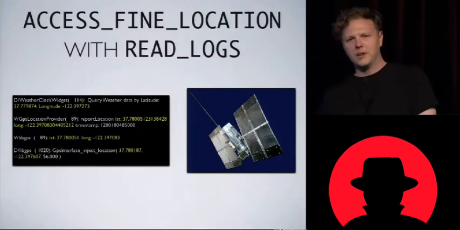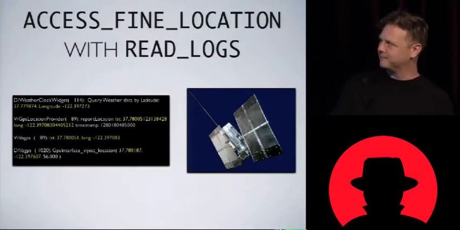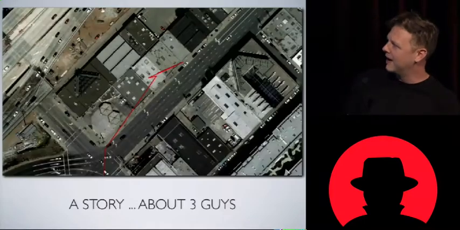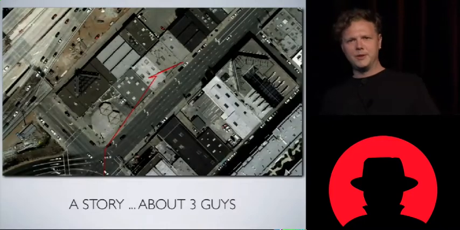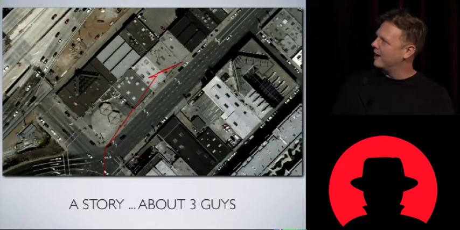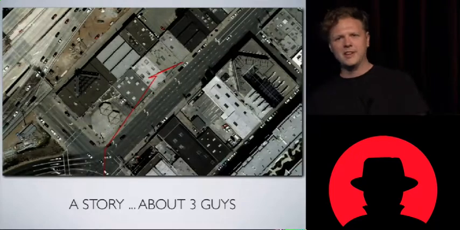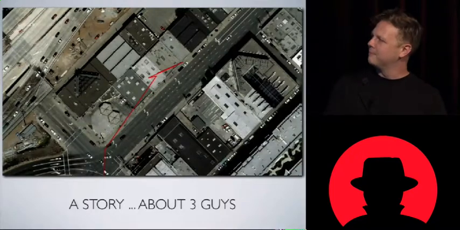So what good does that do? Well, I'll tell you a story, and you can decide for yourself. This is a story about three guys who started out at their office in South Market in San Francisco. They had places to go, so they left the office. They walked down to the corner, and they hailed a cab.